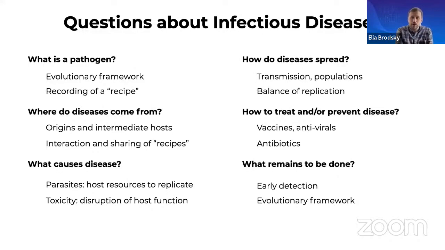We'll also talk about how diseases spread, because what characterizes an infectious disease or a communicable disease and sets it apart from other types of diseases, which are commonly known as chronic diseases like cancer, for example, or hypertension, is the fact that they're caused by a pathogen, and that pathogen is a transmittable pathogen. You can actually share it between individuals.